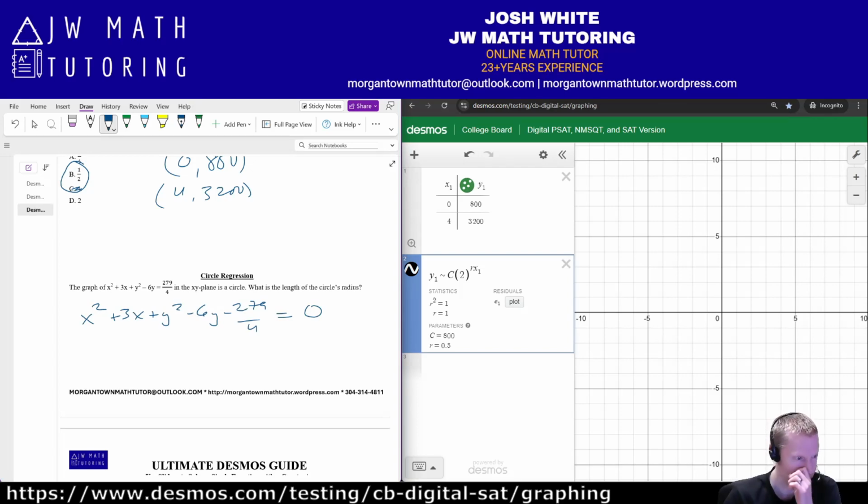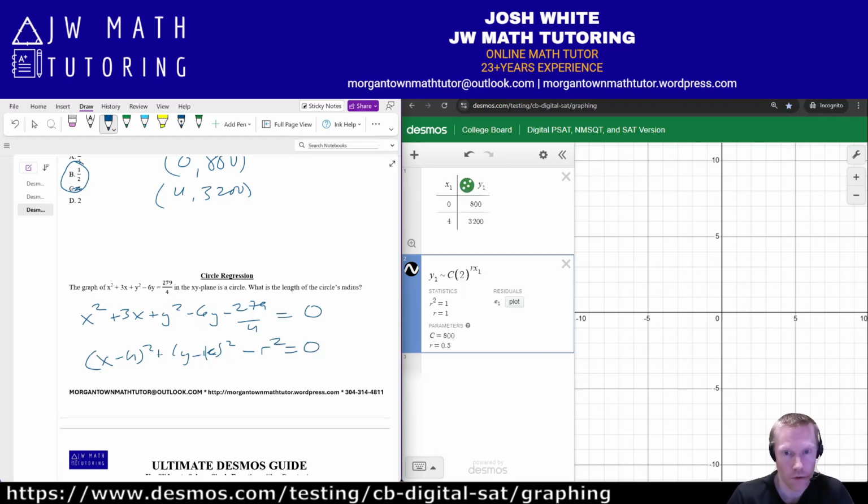Okay, so the whole thing's equal to 0. Then in standard form, the equation looks like this, but you have to subtract the r squared over again, so everything is equal to 0. And then those are the two things that you regress to each other in Desmos.